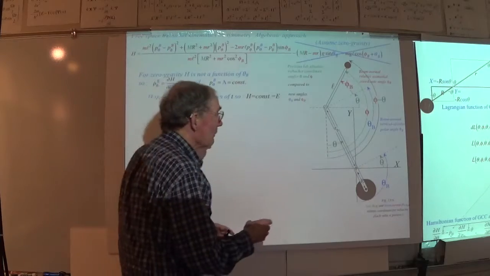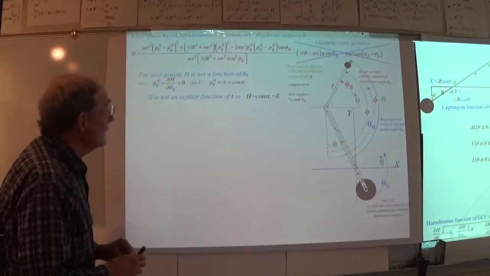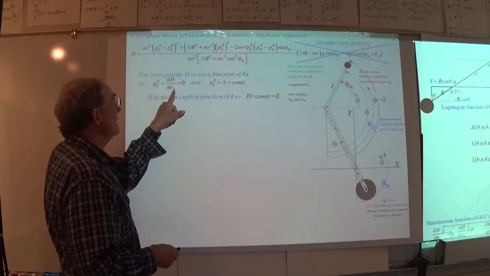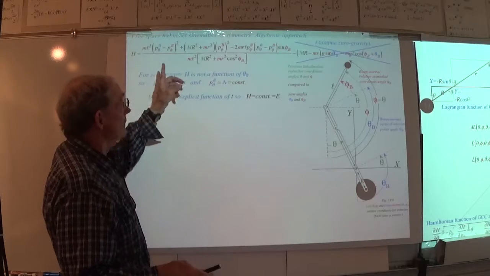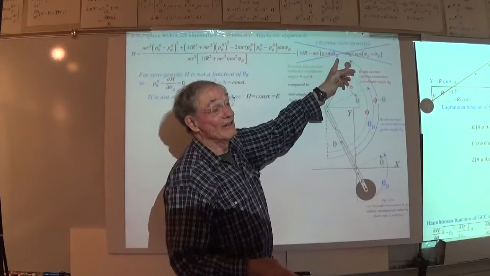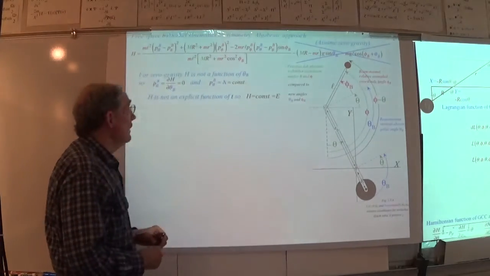This momentum is associated with this coordinate. And the reason for that is the partial derivative of H with respect to that is an absolute zero. After getting rid of this, there's nothing left in there to change that.